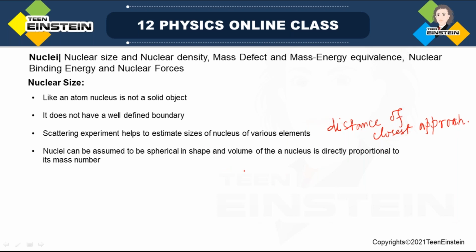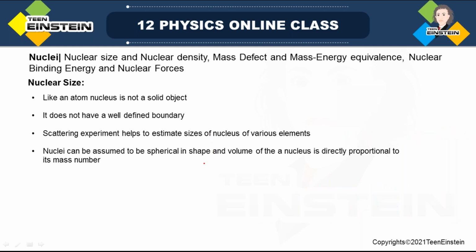In this case alpha particles were used to bombard gold foils, and in various cases sometimes high energy neutrons, in some cases protons, and in some cases electrons have also been used for scattering experiments for various elements. By calculating this closest approach, in most cases we can estimate the size of the nucleus.